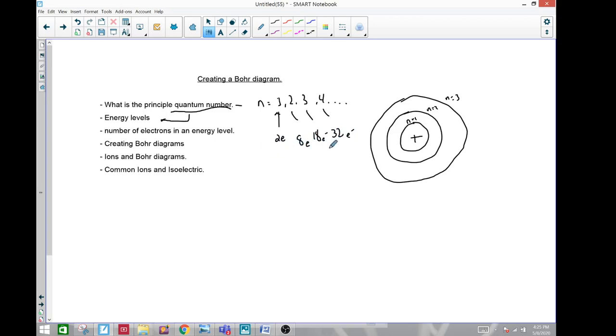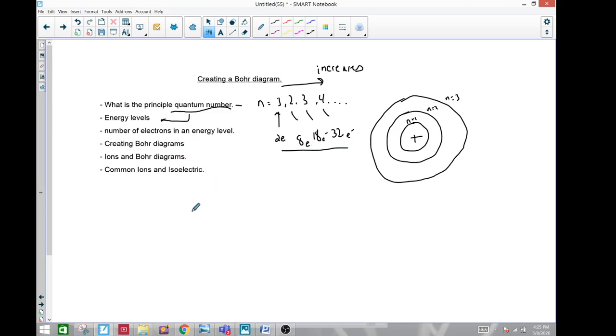An energy level contains a certain energy of electron, and when that's full, it goes to the next level. Energy actually increases in this direction. So we just listed out the number of electrons per energy level right here.